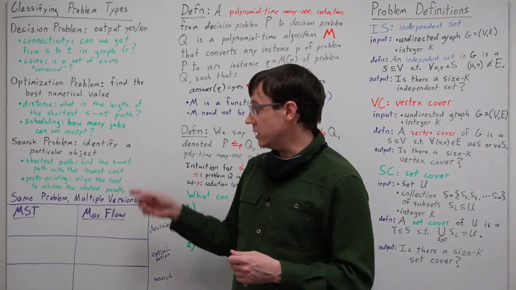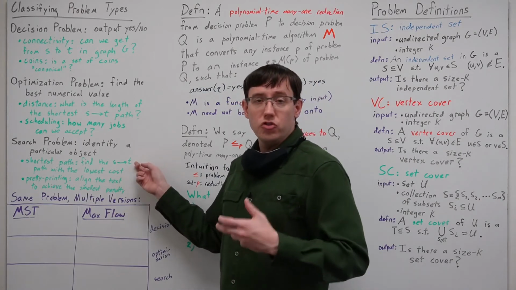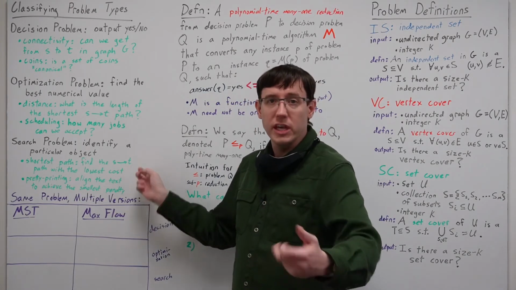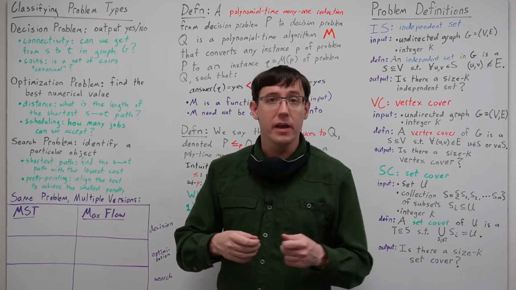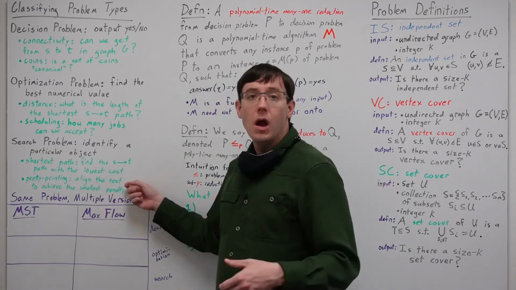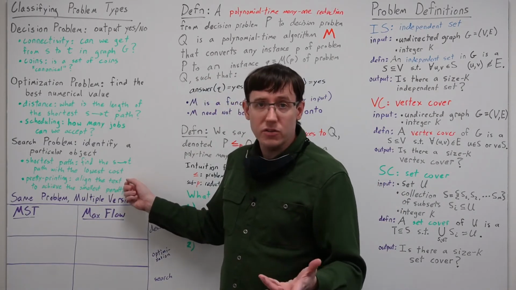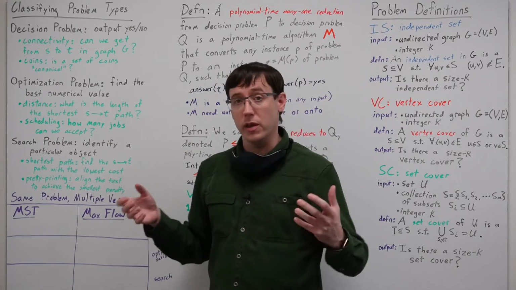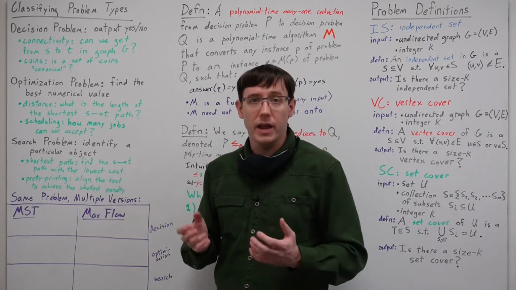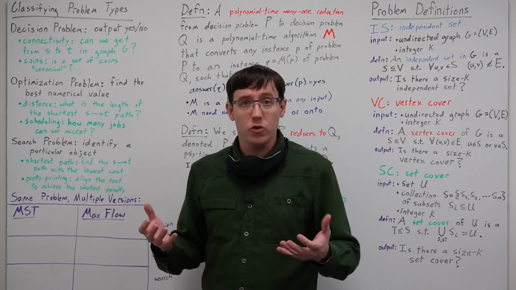And examples include finding the cheapest path from S to T, where we are returning a sequence of vertices, or pretty printing a text, where we are trying to find the places to put new lines and output the actual rendering of the story.